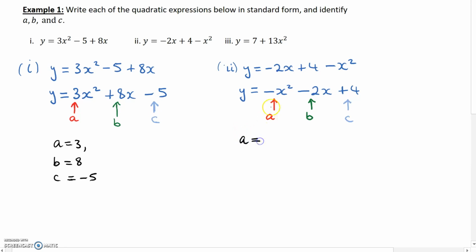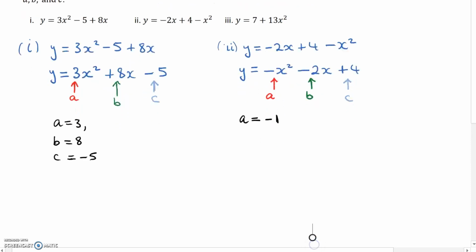A is equal to, if it's just a negative sign with no number, then it's actually negative 1. If there was no negative sign, it would just be a 1. So if there's no number there, there's a 1. If there's a minus in front of it, it's negative 1. B is going to be negative 2, and c is going to be positive 4, or just 4. Hopefully that makes sense to you.